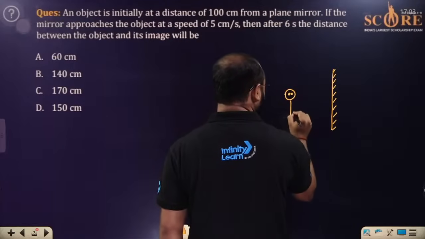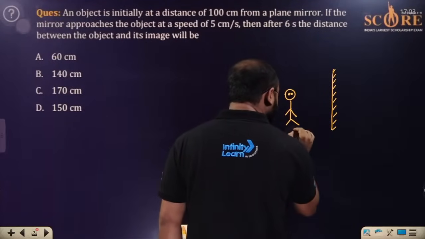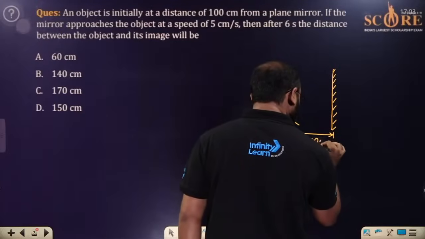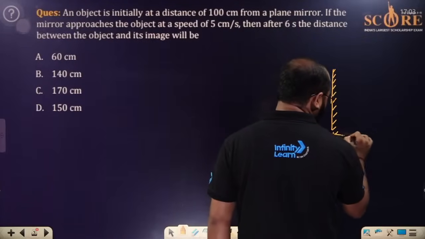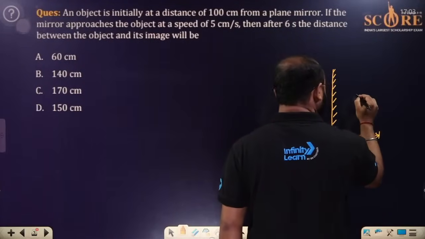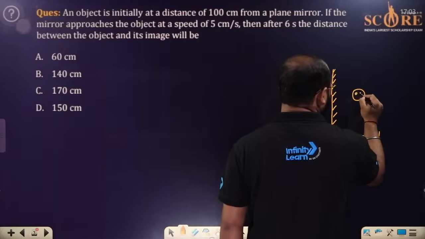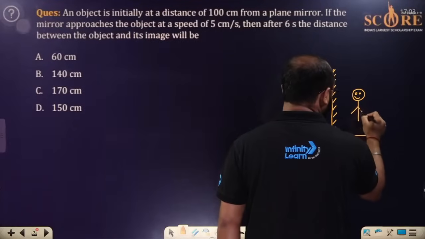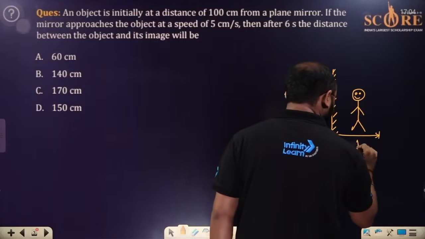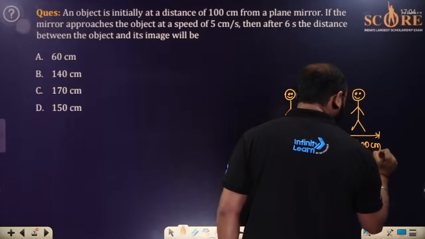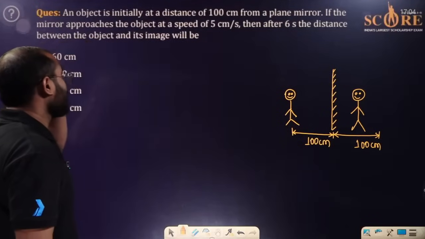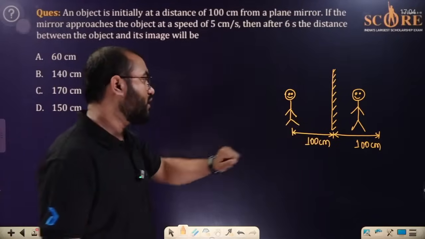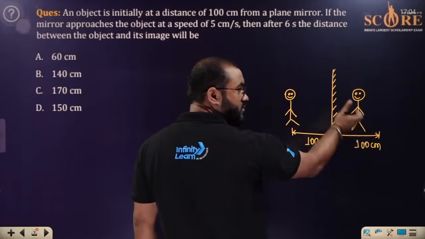The distance from here to here is 100 centimeter, so its image will also be 100 centimeter away on the other side. This is a plane mirror, and the object distance is equal to the image distance from the mirror.